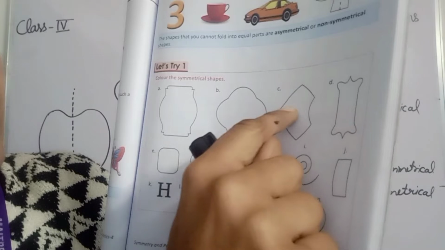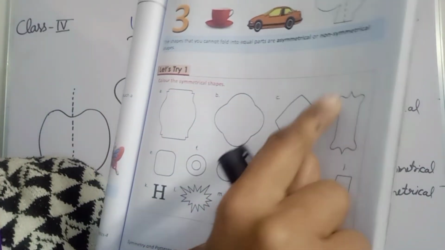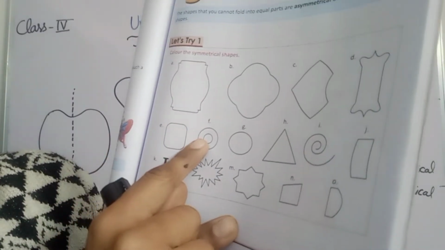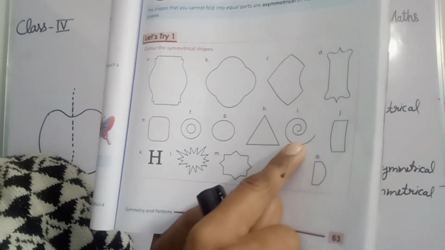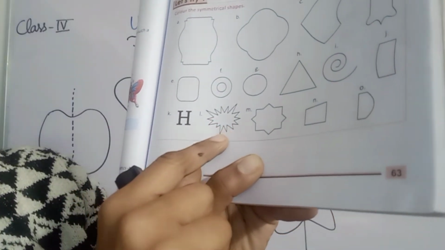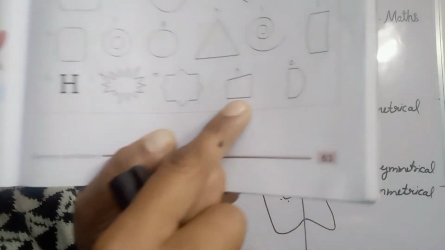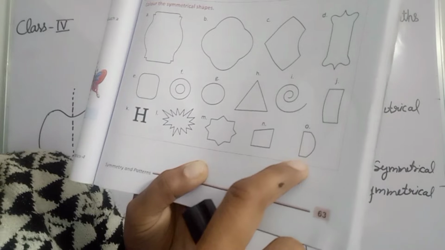If you divide this from here, then it will be symmetrical. This is also symmetrical, this one symmetrical, this one also, this is also symmetrical, this is non-symmetrical, this is symmetrical, H is symmetrical, this is non-symmetrical, this one is symmetrical, this one is non-symmetrical. Yes, this is non-symmetrical, this one is also symmetrical.